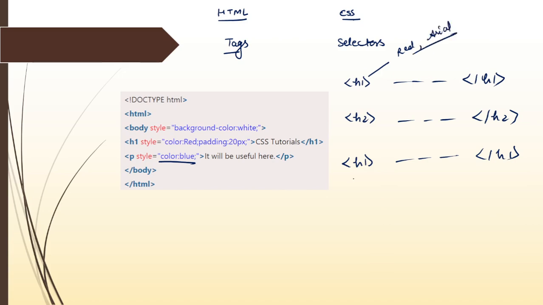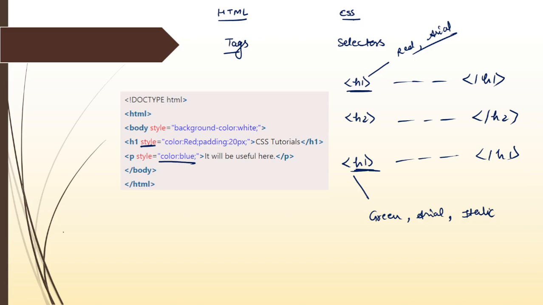And I want this h1 in green color and font Arial, and I want it in italic. So if I want different properties in every h1 tag or in every other tag, we can use the style attribute in inline.